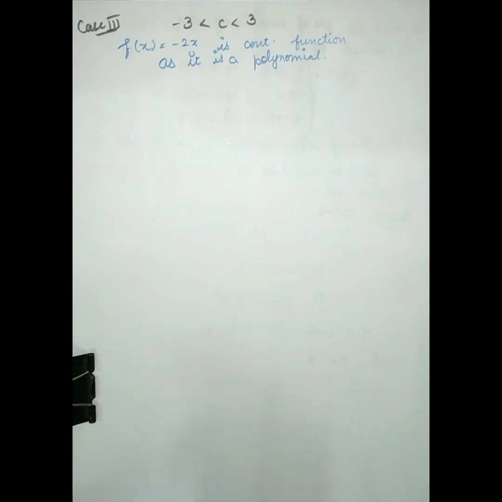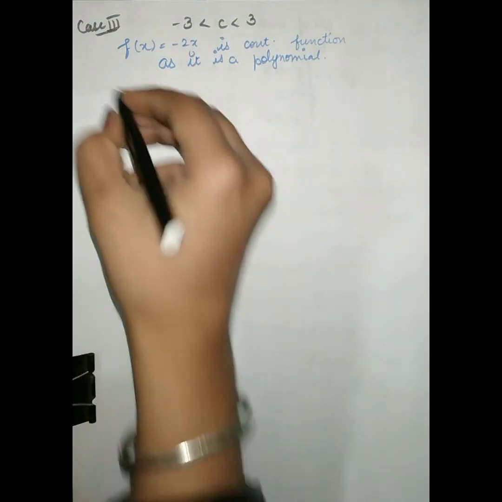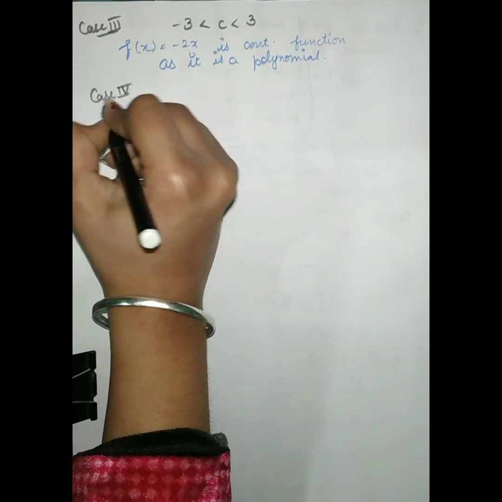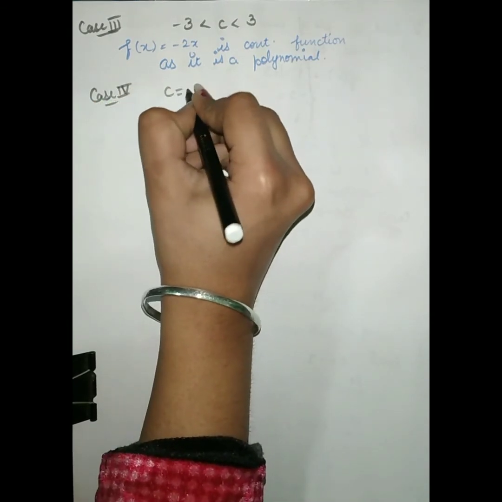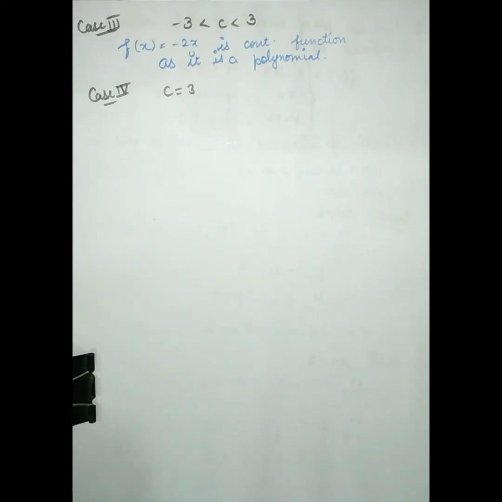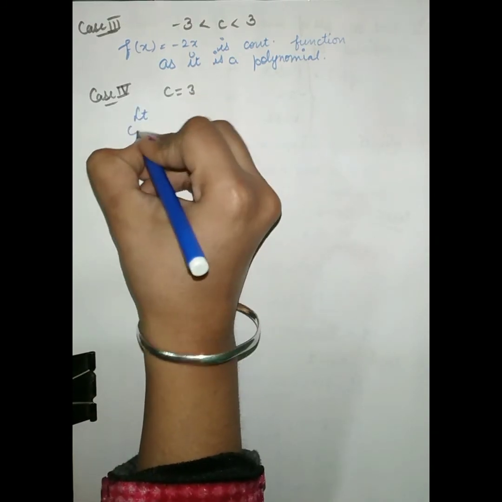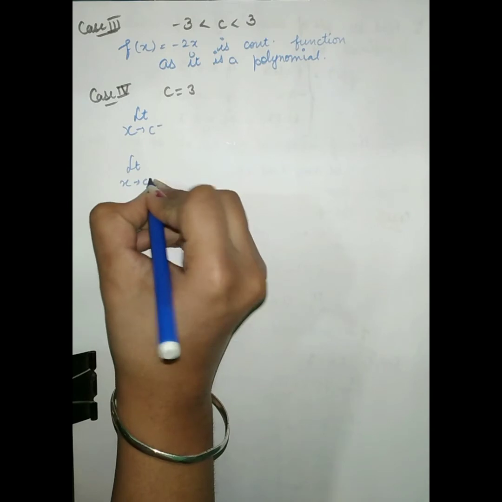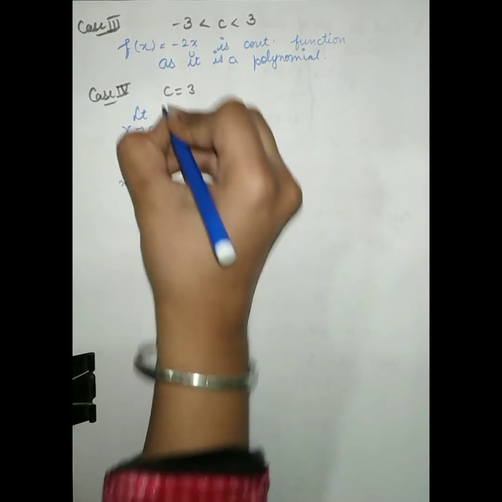Now in the fourth case, c will be equal to 3. For this we have to solve the limit as x approaches c negative and the limit as x approaches c positive of f(x).